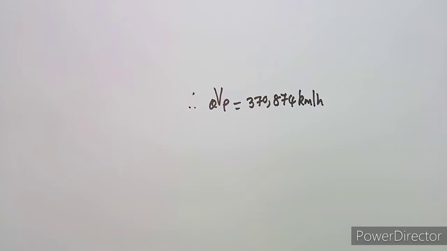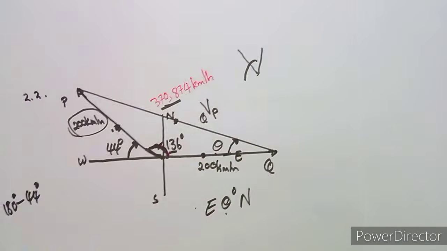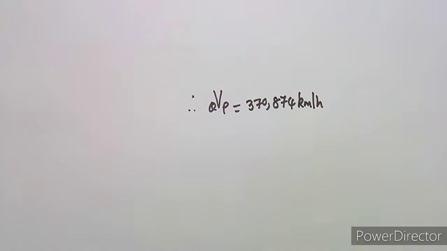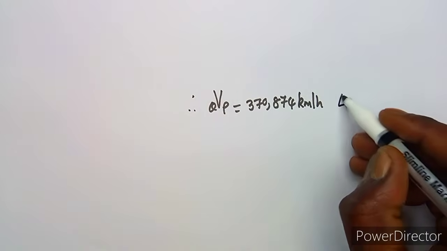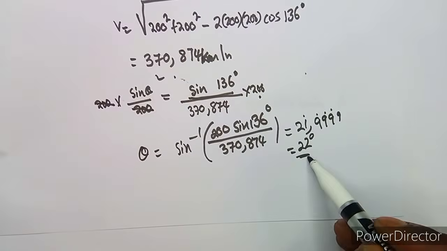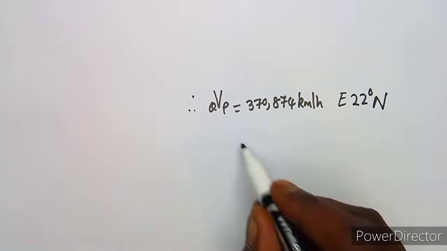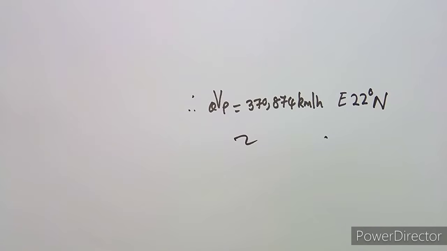Remember, here east theta degrees to the north. Our theta is 22 degrees, so it's 22 degrees to the north. All right, so that is it, guys, on this part.